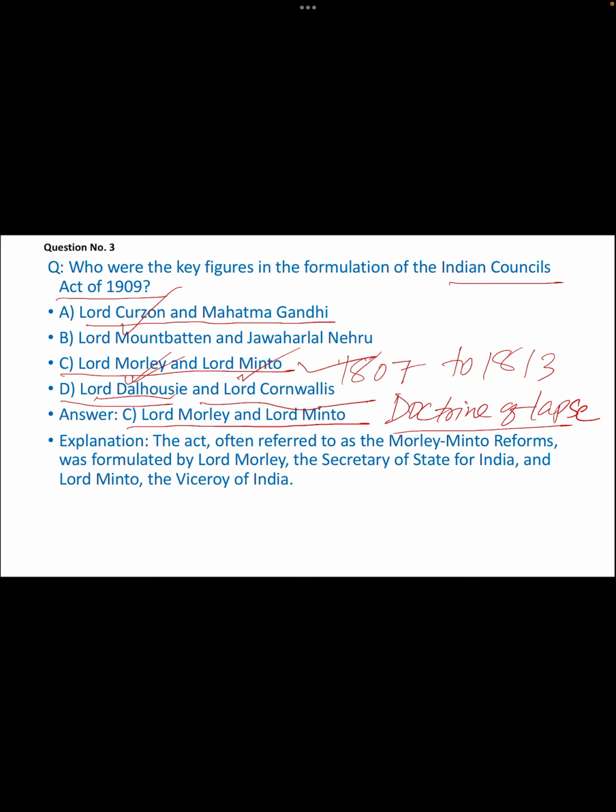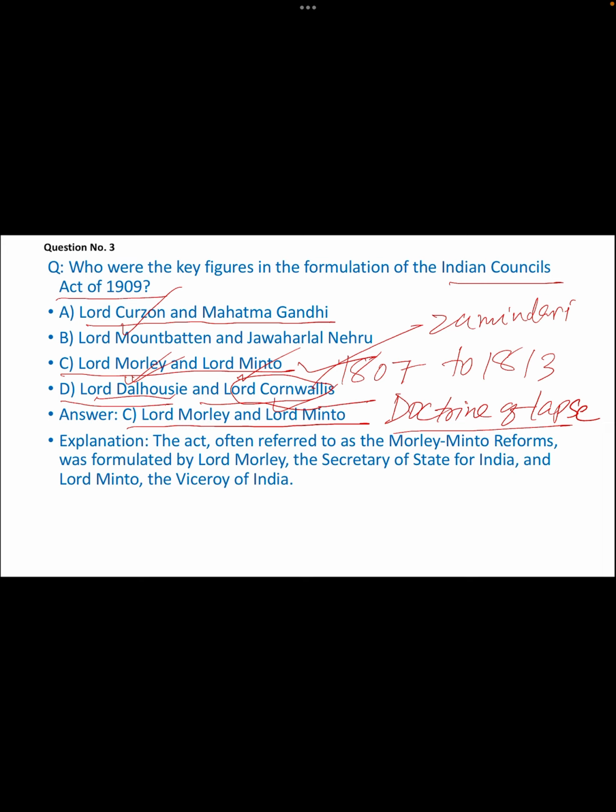So then another person called Lord Cornwallis. Lord Cornwallis is known for the introduction of the zamindari system in India. He introduced the zamindari system in India in 1793, the permanent settlement. So these are some of the important points that we have to remember.